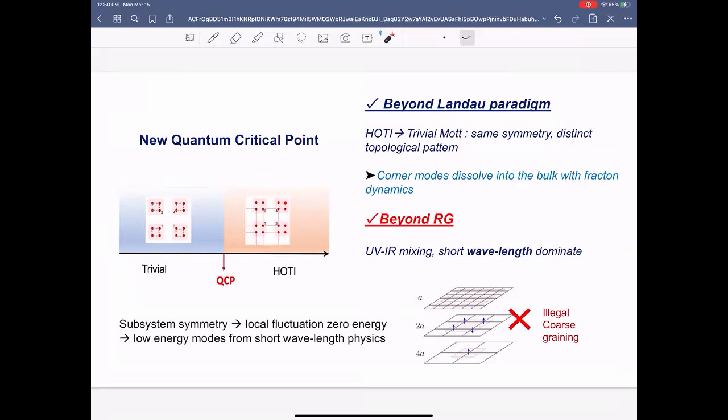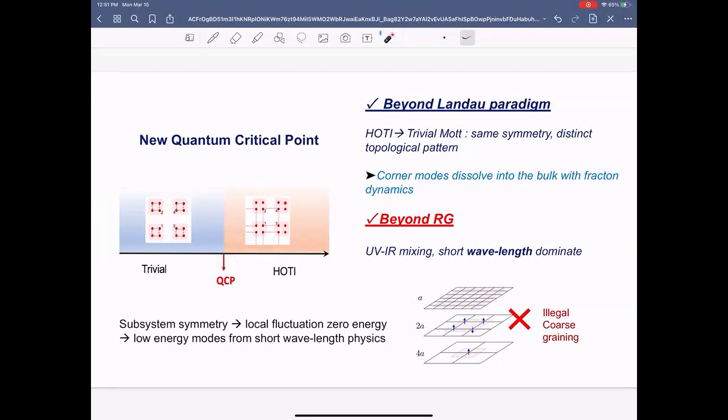And second, at a quantum critical point, the previous corner modes localized at the higher order topological insulator now dissolve into the bulk, and they have Fracton dynamics. Because of these Fracton dynamics, at a quantum critical point, the low energy part of the spectrum at the critical region is dominated and contributed by a large number of short wavelength modes. So short wavelength physics plays an extremely important role at a quantum critical point.